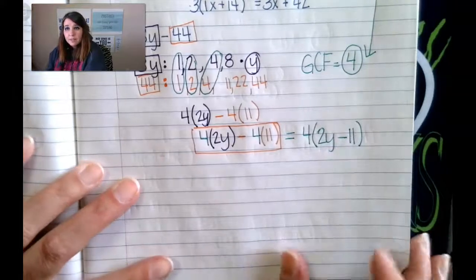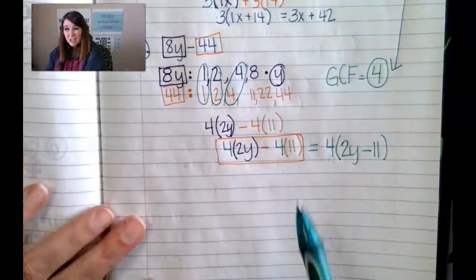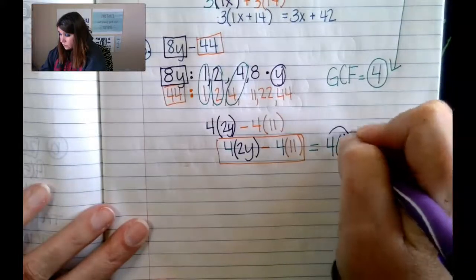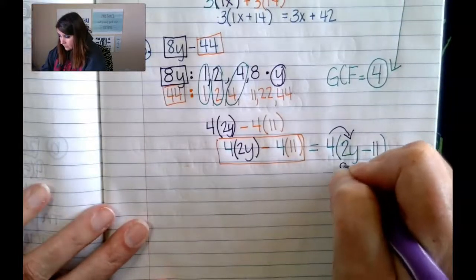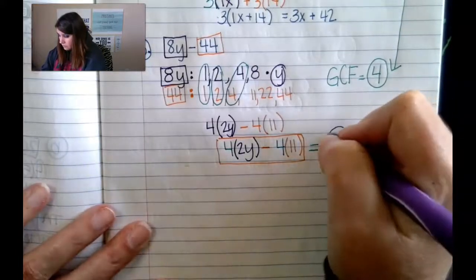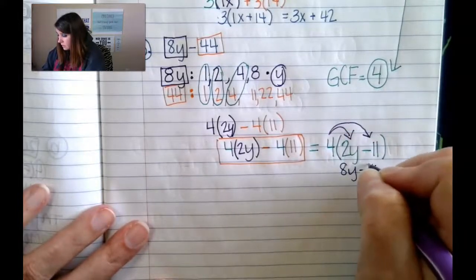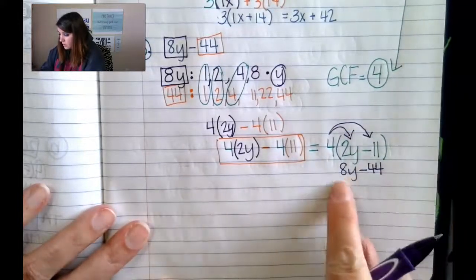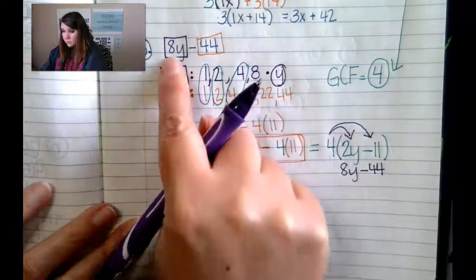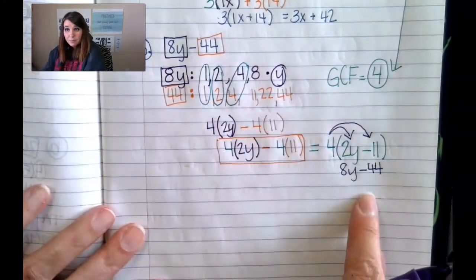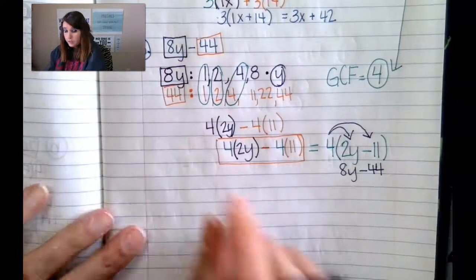And now when I look at this and I actually factor it out, when I factor this out, 4 times 2y gives me 8y. 4 times 11 gives me 44. 8y minus 44, 8y minus 44. Boom, they're equal. They're equivalent.